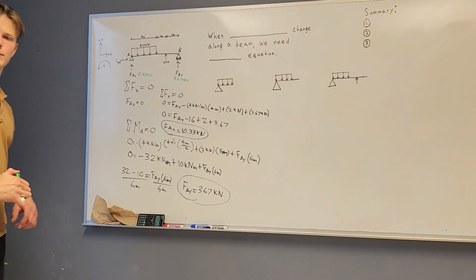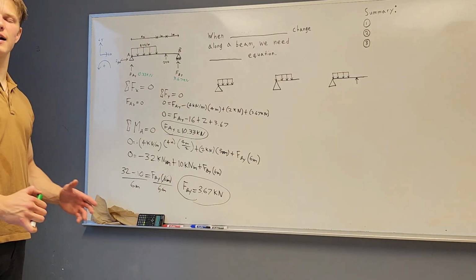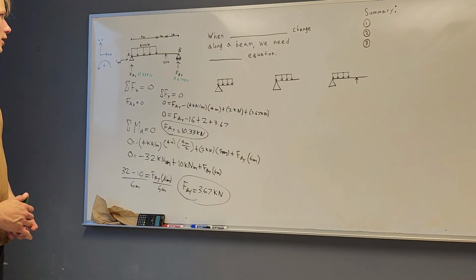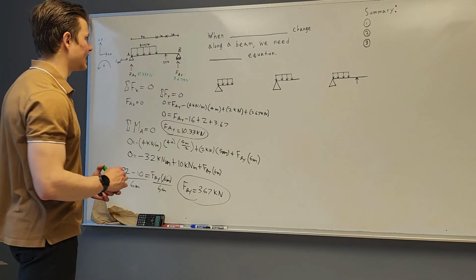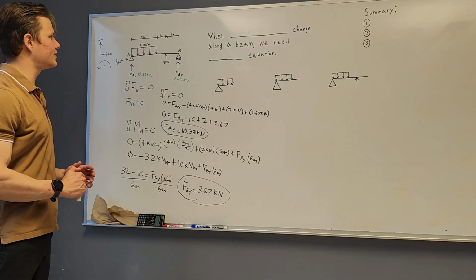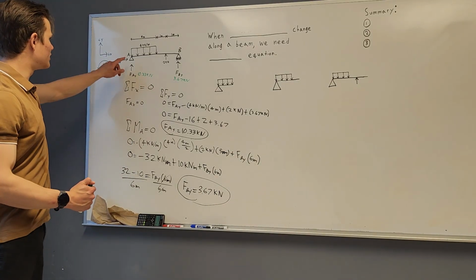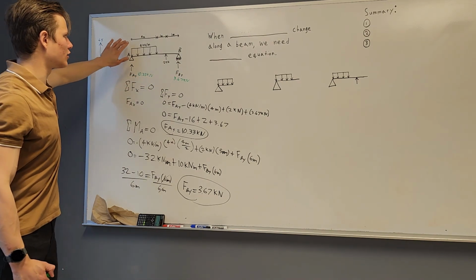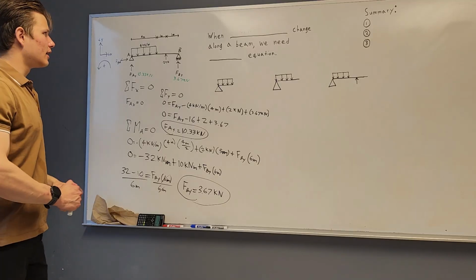Okay, so everything from this point has been the exact same as our simple beam loading condition, but now this is where things get a little bit different. In the first video, we saw a simply supported beam which had 2 supports, and it had 1 uniformly distributed load going across the whole beam.